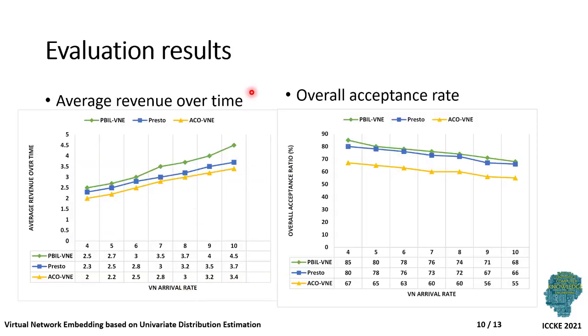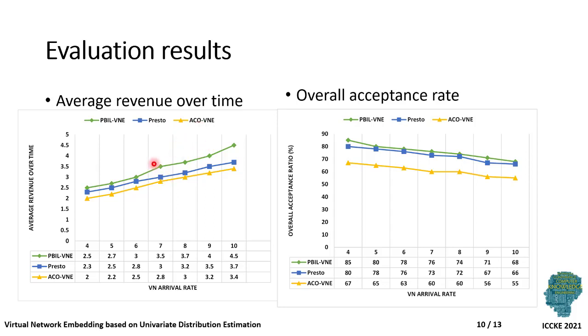And here we have the evaluation results. Here we computed the average revenue with increasing the number of the virtual networks, or over the time, in fact. And as you can see, the green line shows the population-based incremental learning VNE, and we compare it with the other two methods, including ACO VNE.